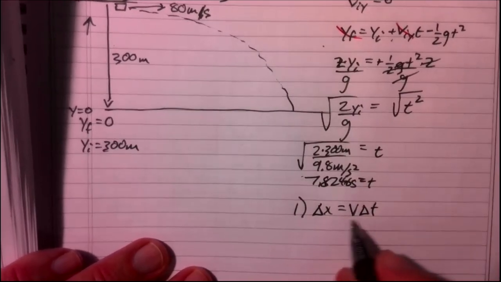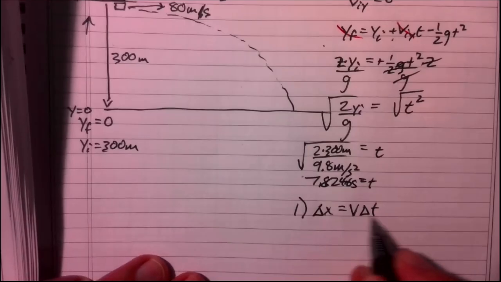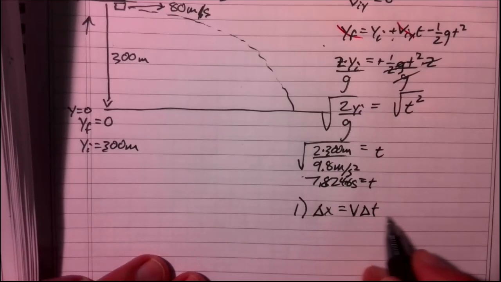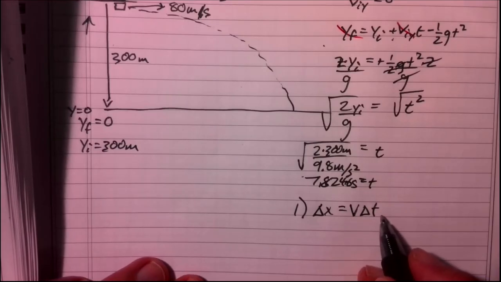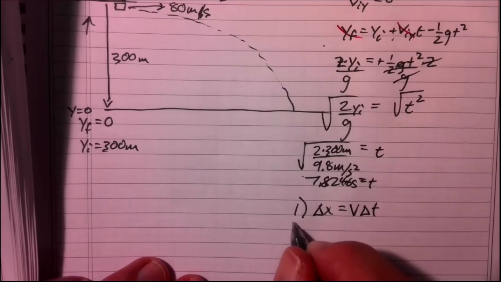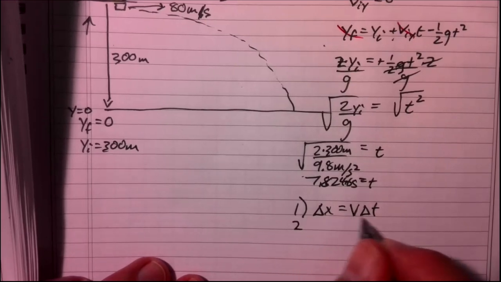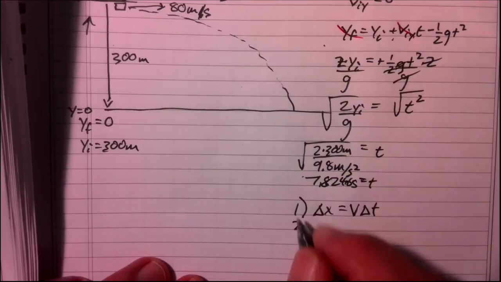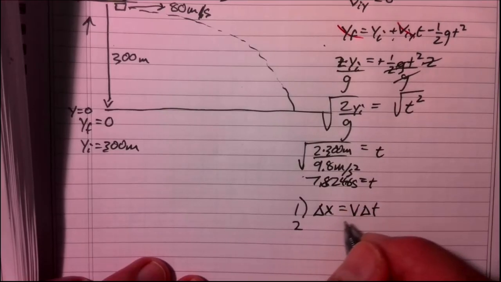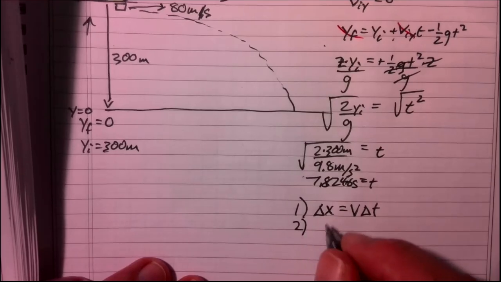Now, if I'm solving for a in y, this equation is not good because there's no acceleration. That's not going to work in the y direction because in the y direction, you need to have acceleration, if it's falling. This will work for x, and in fact, this is the equation that we're going to use for the second part, but we'll get to that in a minute.